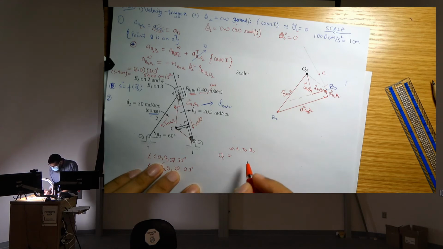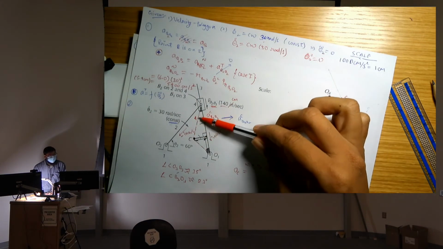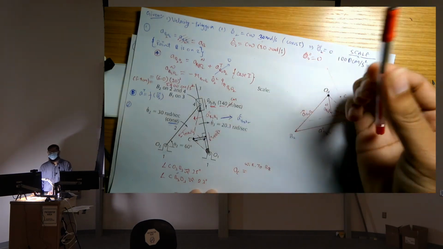Okay. So what would be the acceleration of C with respect to B3? So what link are we talking about? We are talking about this link, the hypothetical single link that we have created.